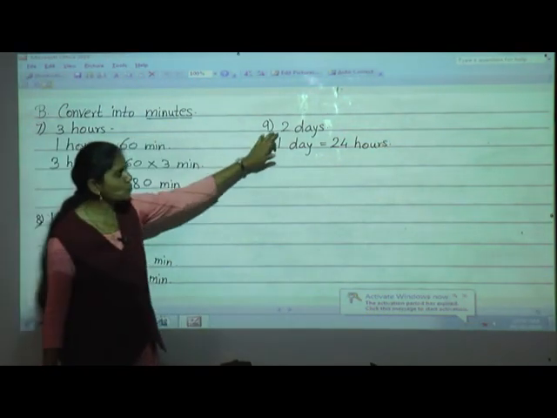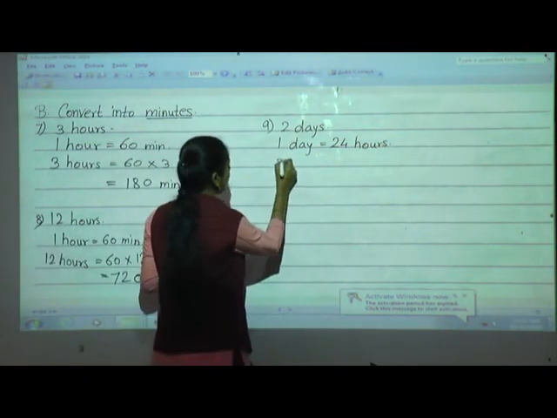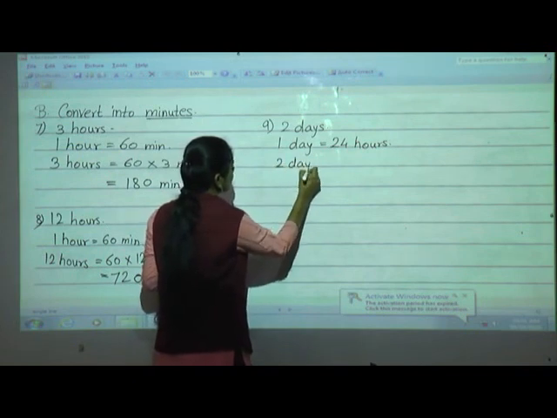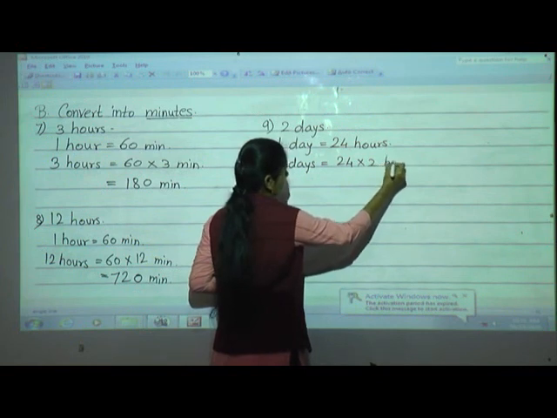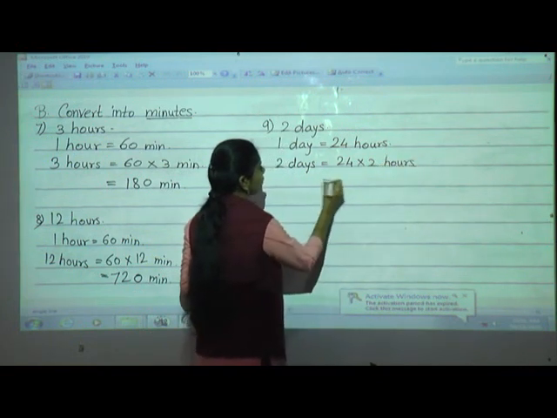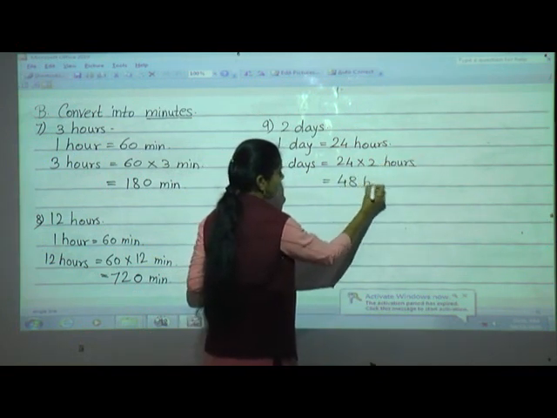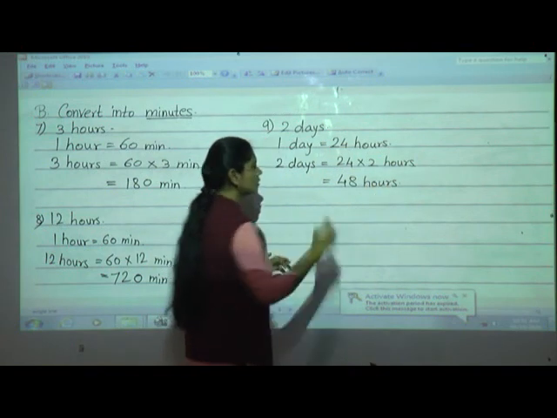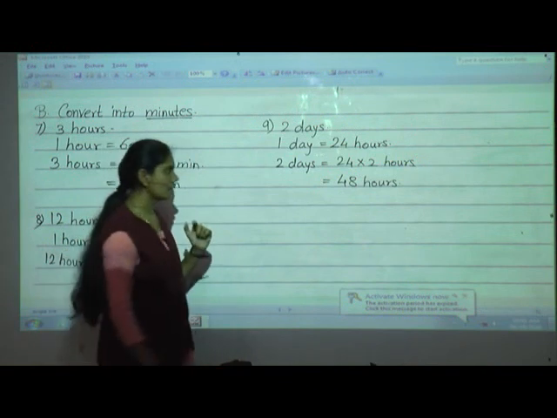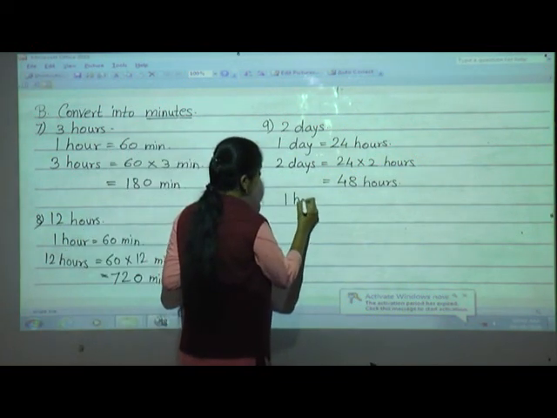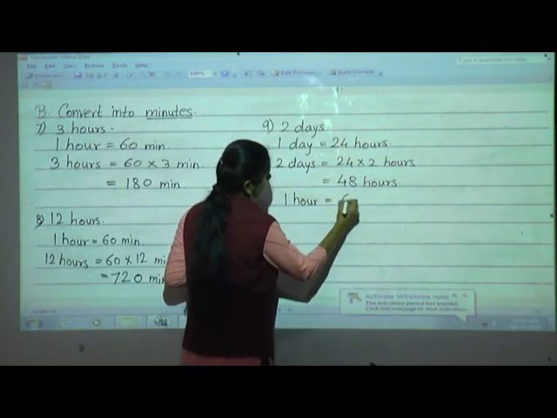Now here we have 2 days. So 2 days means how many hours? 2 days is equal to 24 into 2. 24 into 2, 48 hours. Okay. Now this 48 hours we will convert into minutes. Now we'll write here 1 hour is equal to 60 minutes.